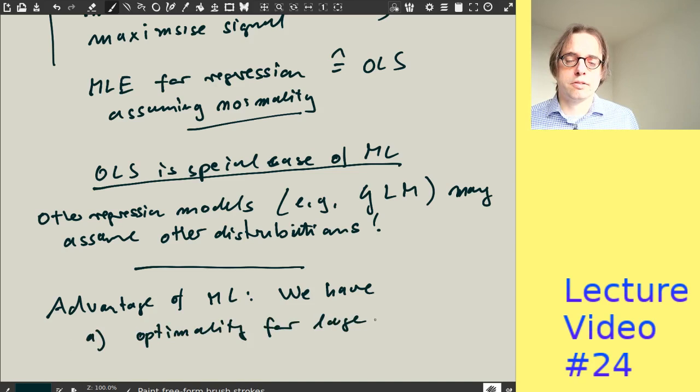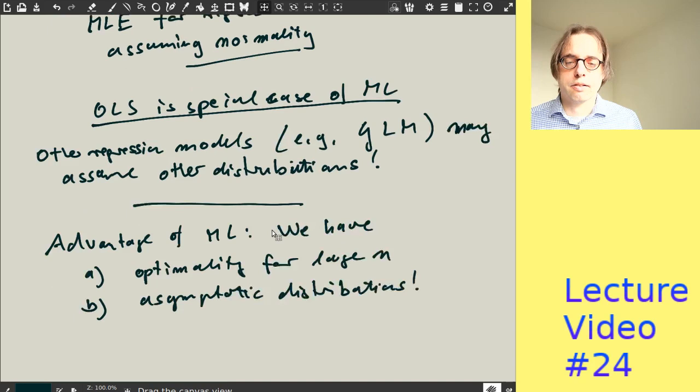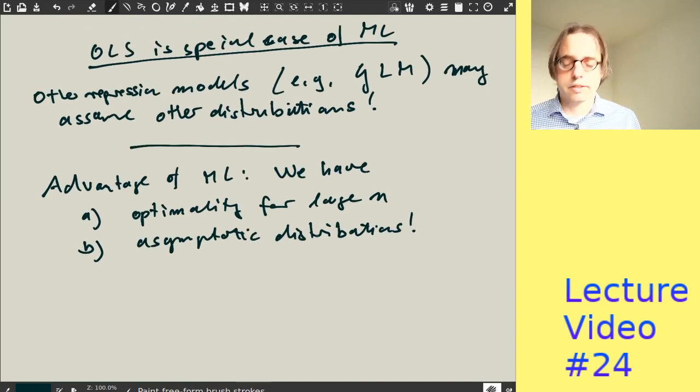So if we have a lot of data, then we have the correct estimator. And B, we know the asymptotic distributions for the estimator. And we can do the same thing for our regression coefficients, and the details are in the script, so I just summarize them here.